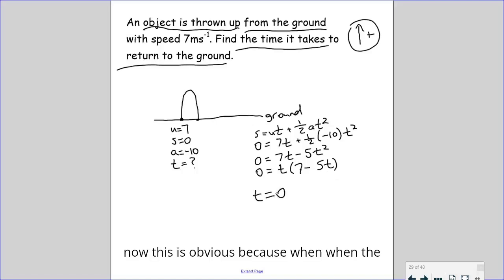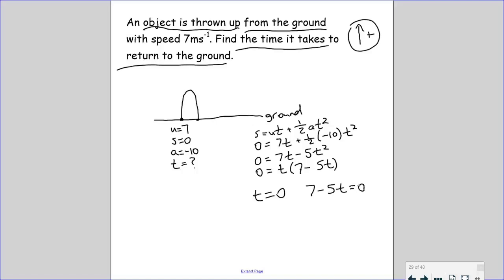Okay, now this is obvious because when the object was thrown up from the ground, the time was 0, right? Because that's when it's thrown up. So this is the point where T is 0, and the second one we will find here.